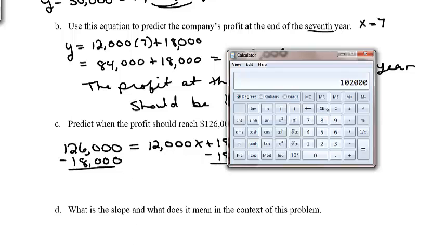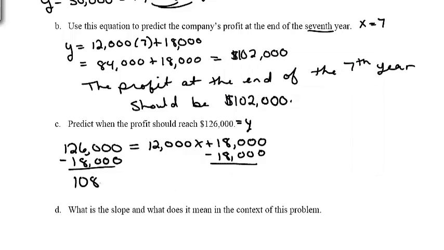And again, we'll use our calculators here. So 126,000 minus 18,000 gives us 108,000 equals 12,000x. Last thing we need to do is divide both sides by 12,000.